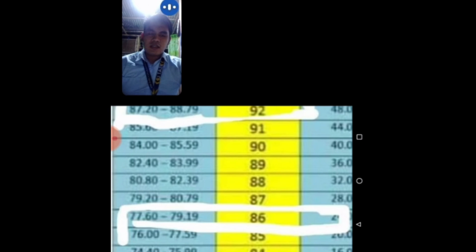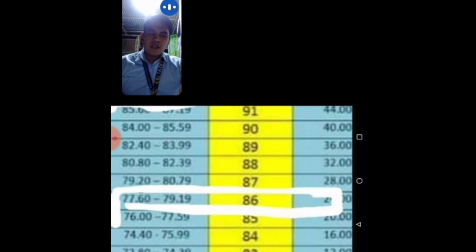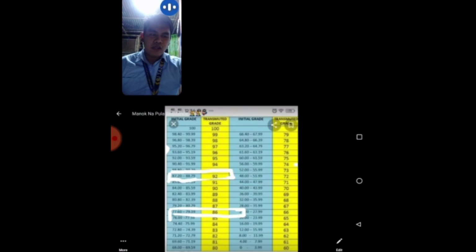While student B's initial grade comes from the range of 77.60 to 79.19, so his transmuted grade is 86. Do you understand now, class, where I got the transmuted grade from the initial grade of the students?